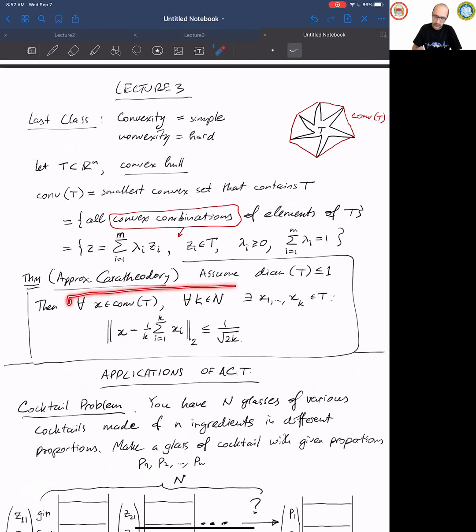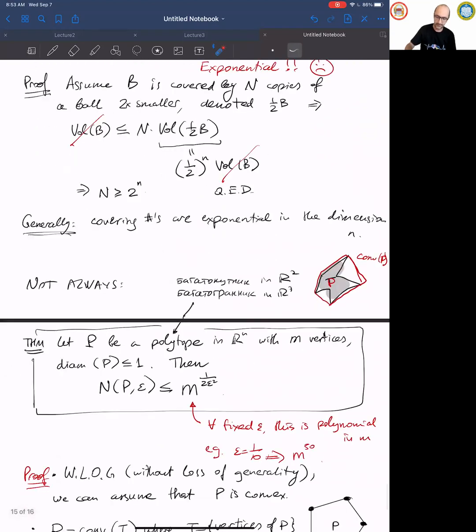And this is the statement. So any point in the polytope can be represented approximately like this, where xi are the vertices. Let me rewrite it here.